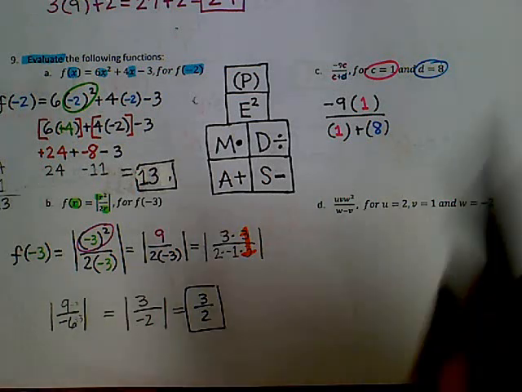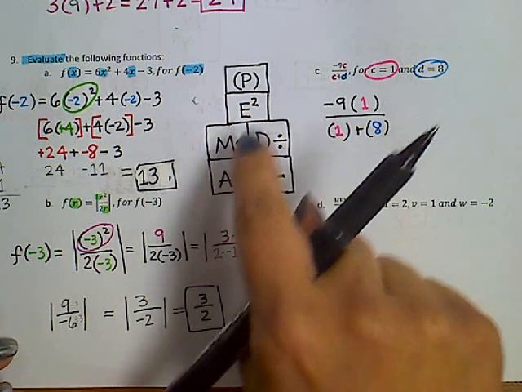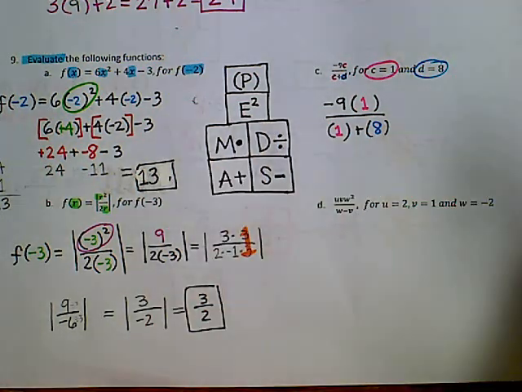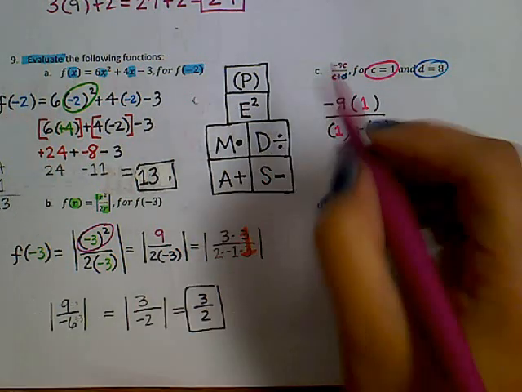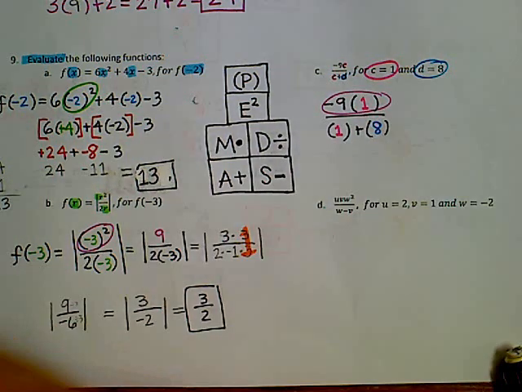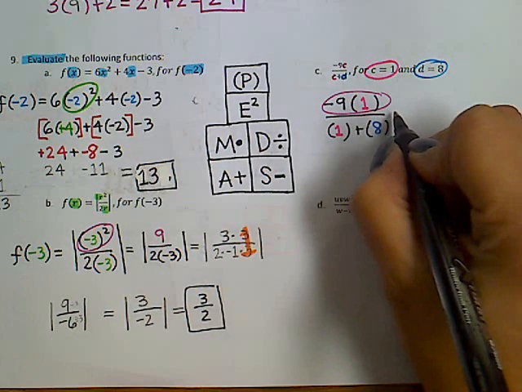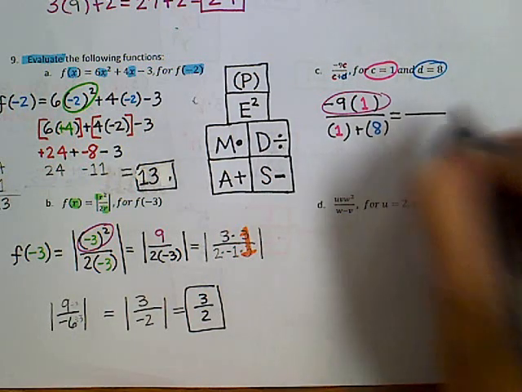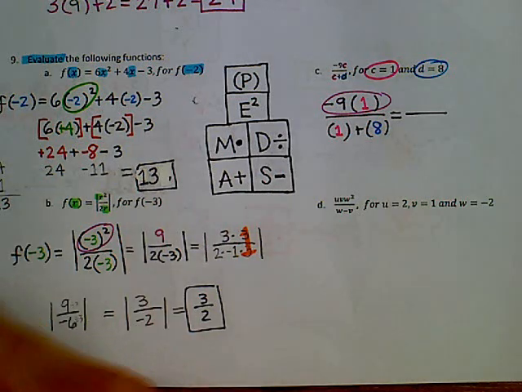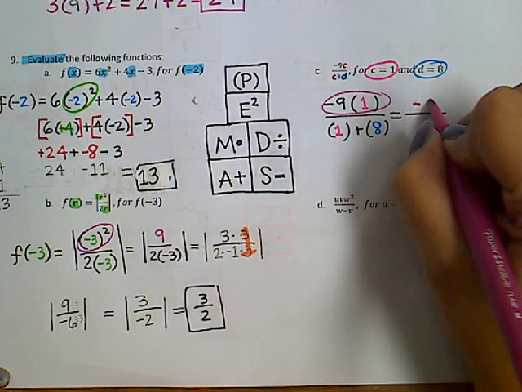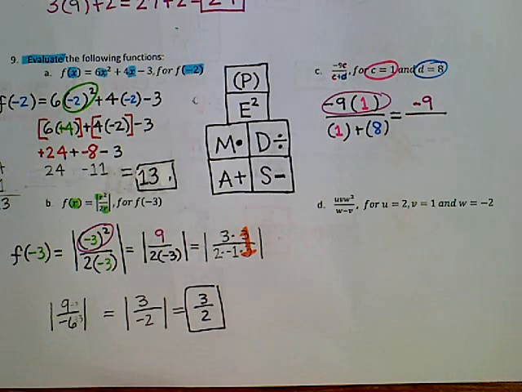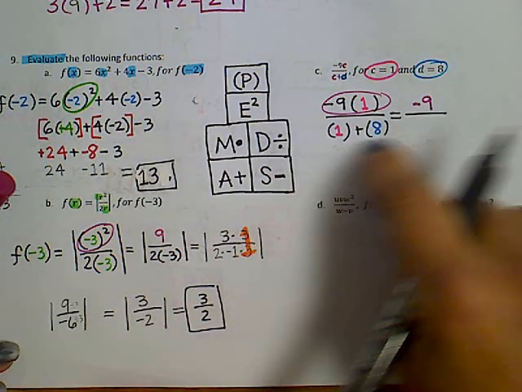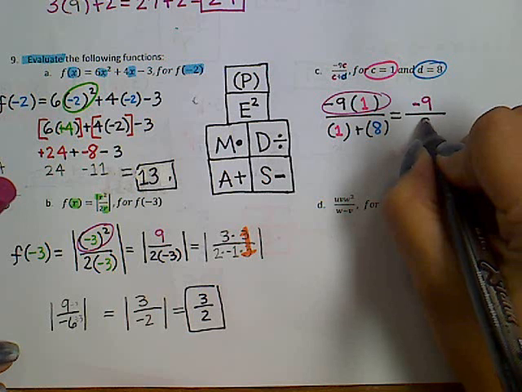All right. We don't have any exponents this time, but I can move on to my multiplication, which would be, well, right up here. So that should give me negative 9. Now, 1 plus 8 on the bottom would give me another 9.